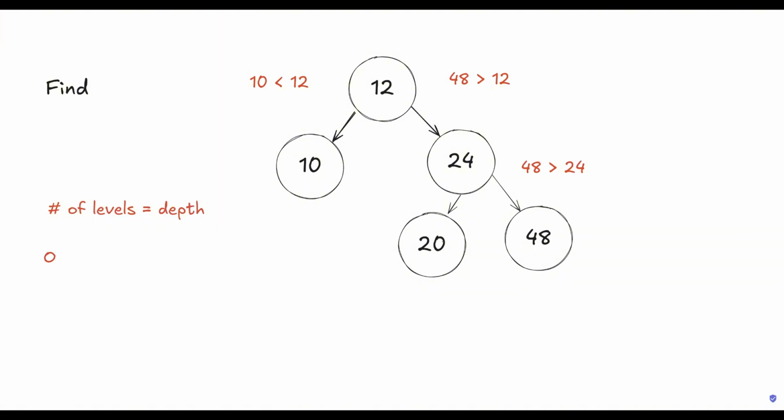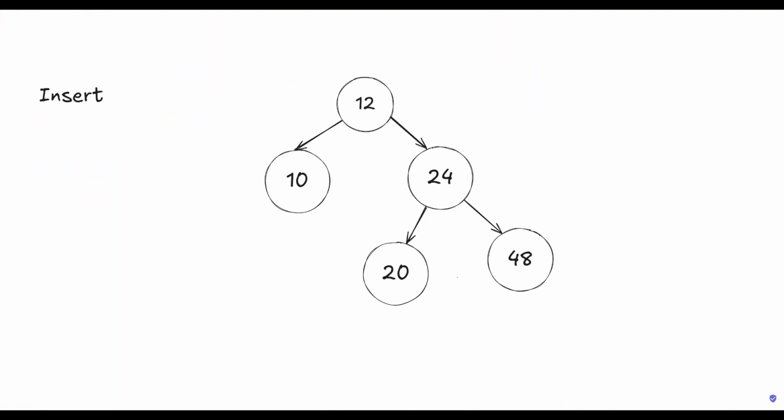The worst case will be O(n) because the BST could be in a line, with only left children or only right children. If it's a balanced BST, on average it will be O(log n) to find an element in a BST. Similarly, we have the same situation for insert.